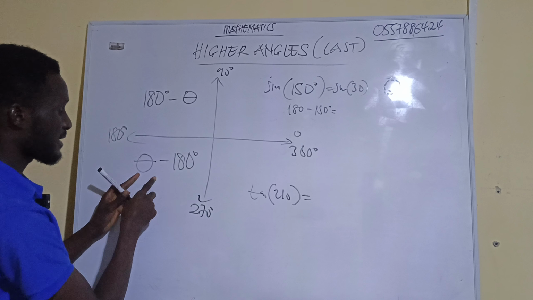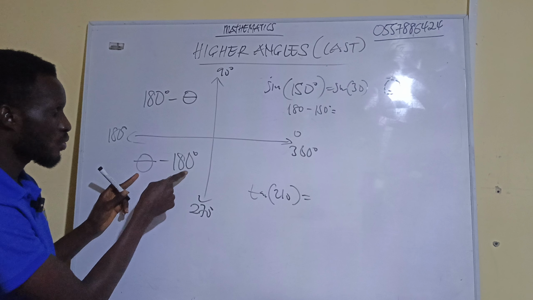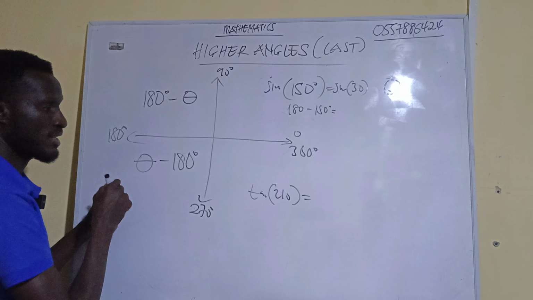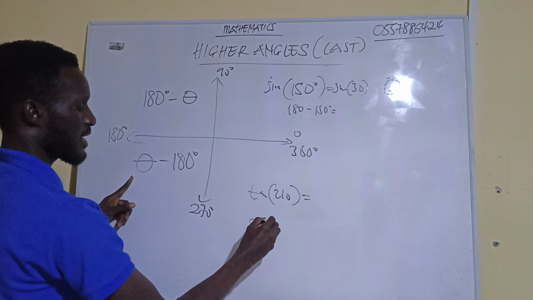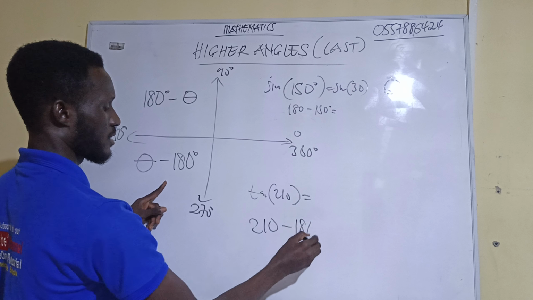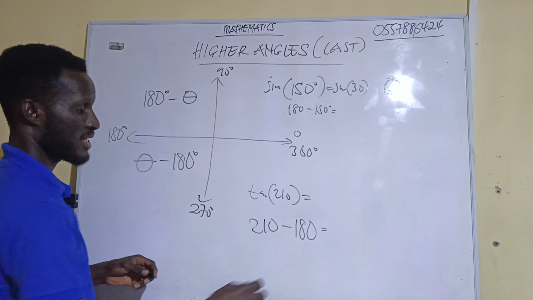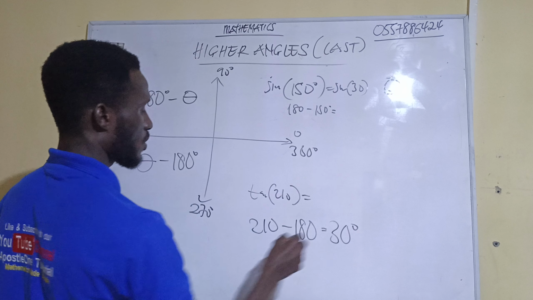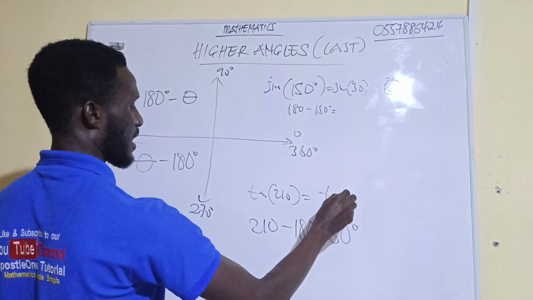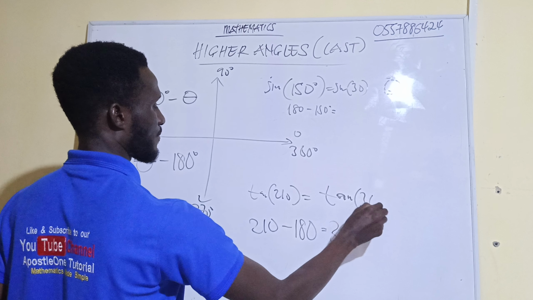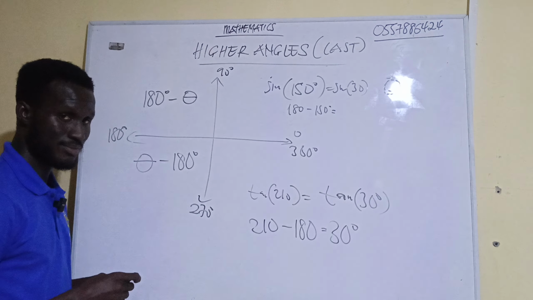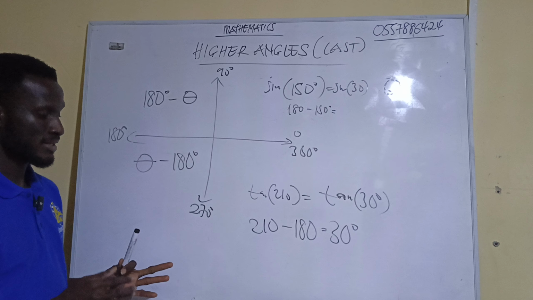I need to subtract 180 from the angle 210. So 210 minus 180 will give us 30 degrees. So this one will be the same as tan 30. You see? It's about understanding.